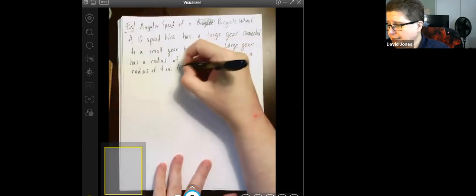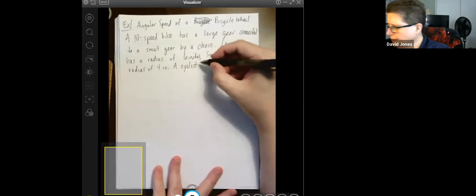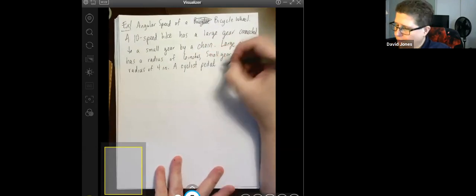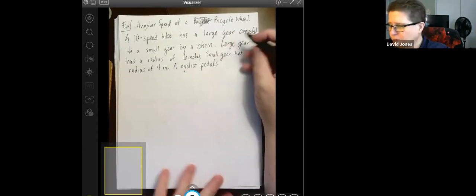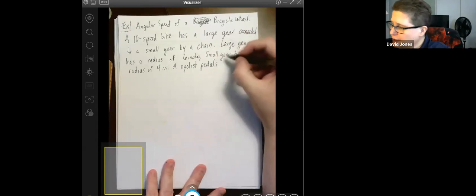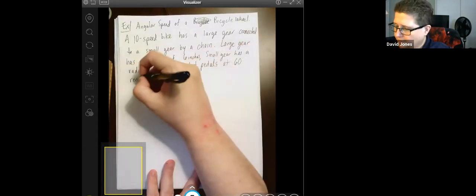A cyclist, the person riding the bike, pedals at 60 revolutions per second, or per minute. Per second, oh my gosh, their leg would be so fat, he'd be like Roadrunner. A cyclist pedals at 60 revolutions per minute.